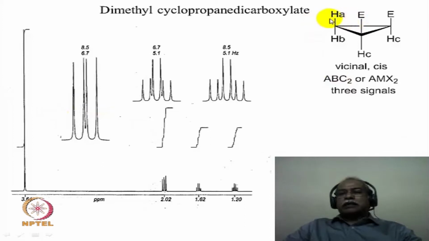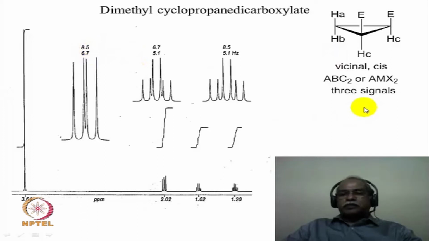Now let us take the example of HA. HA is trans, or in other words the dihedral angle between HA and HC is about 180 degrees. This is anti or trans with respect to each other, so it probably has a higher J value compared to the cis coupling, which is the HB-HC coupling, probably around 6.7.